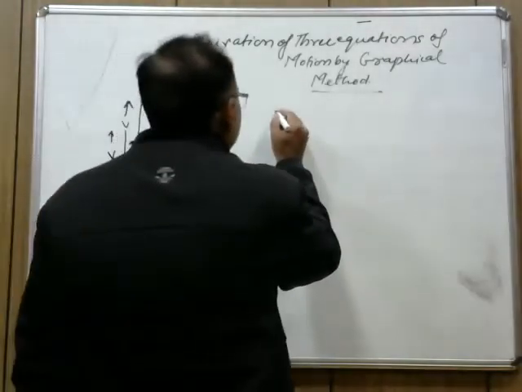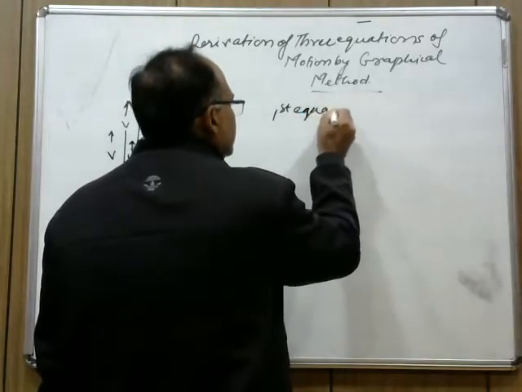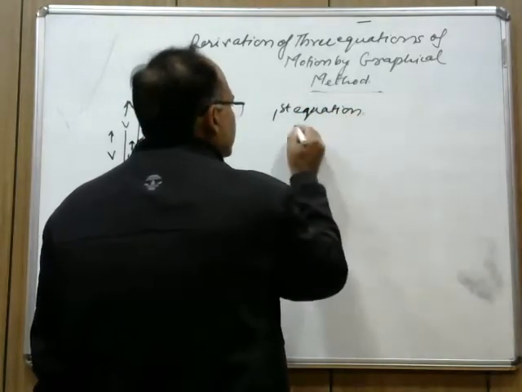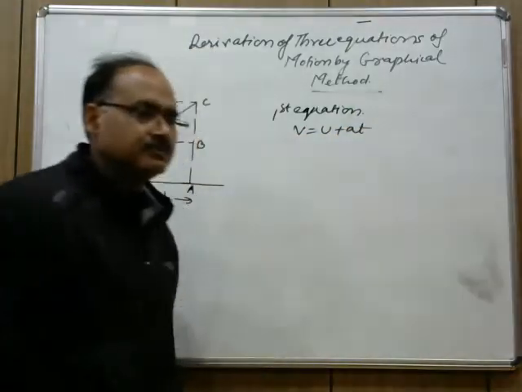Now, for the first equation of motion, that is v is equal to u plus at. This is the first equation.